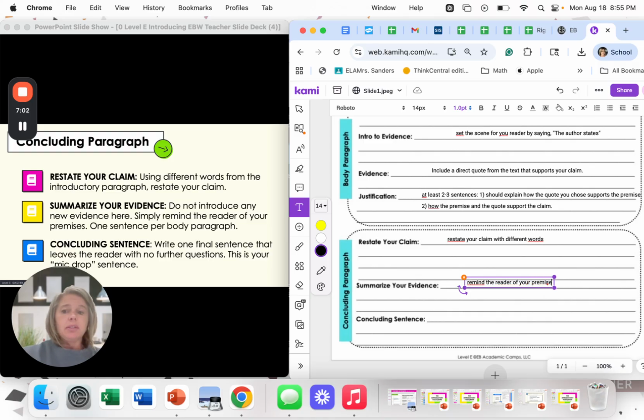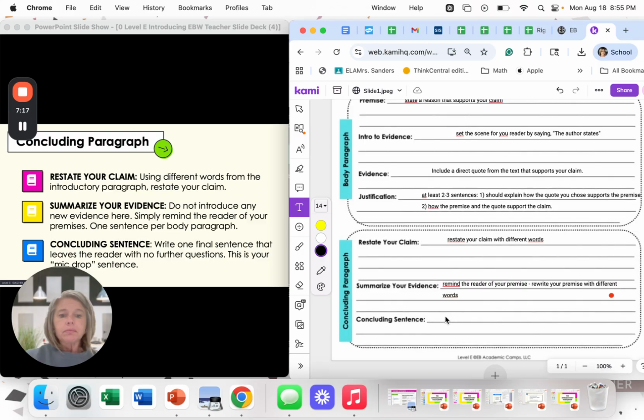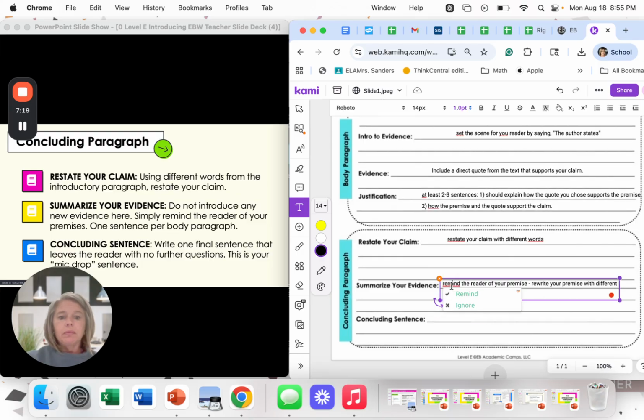So take your premise, rewrite your premise with different words. And move that over so you can see it. It wanted me to capitalize there.